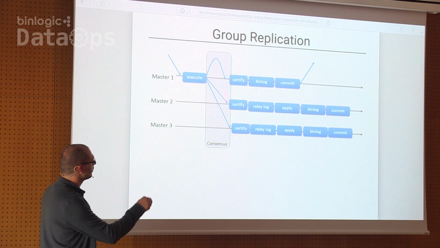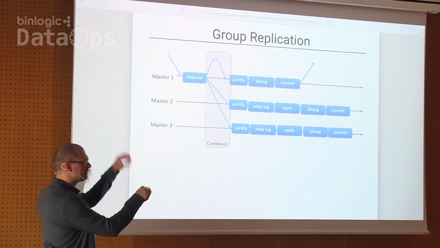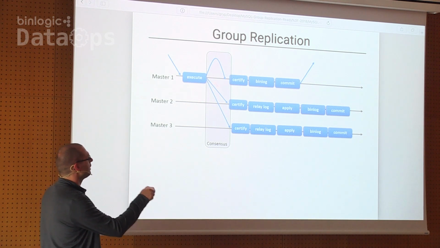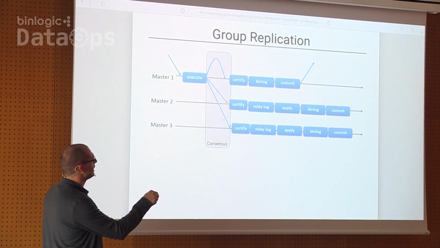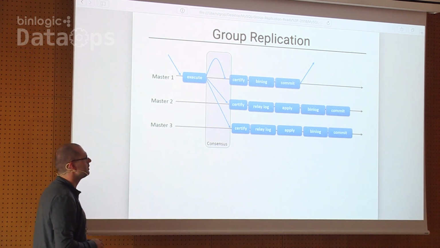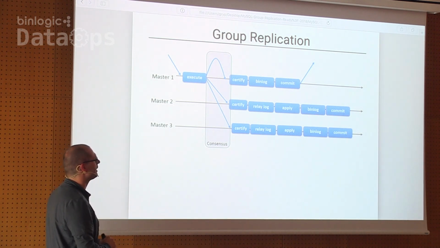This consensus protocol will make sure that the majority of the nodes need to send an OK back, so these lines are not here. And then the node that received that write knows that, okay, master 2 has received it. It will continue and do some certification, and then the binary log and commit like regular. So this is where this group communication happens, where group replication happens.